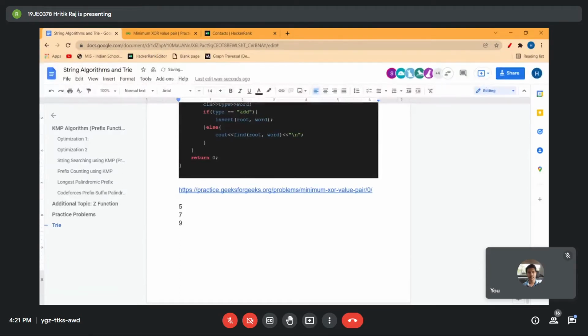So we represent them as binary. Suppose our maximum bit length is 4. In that case, these will be the binary strings. Yes, sir. So what will you do with these binary strings?